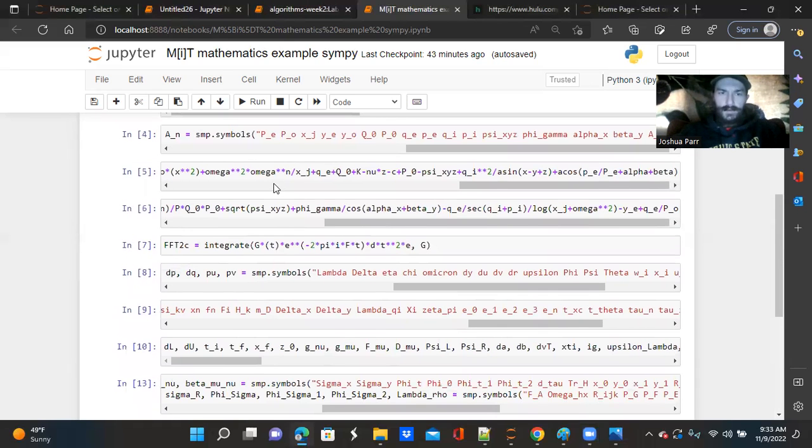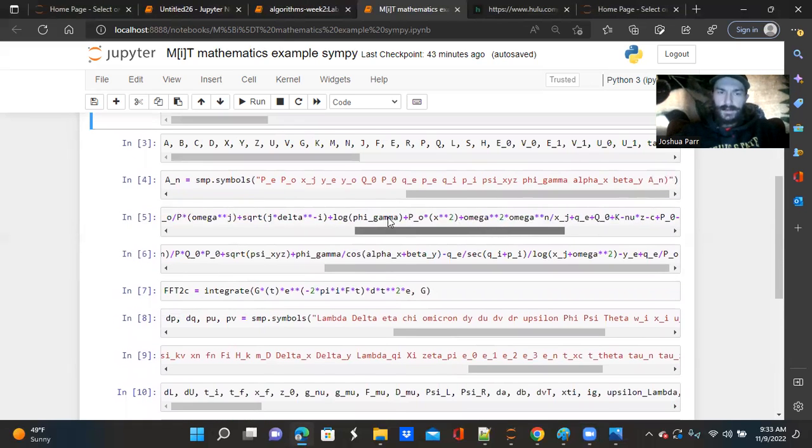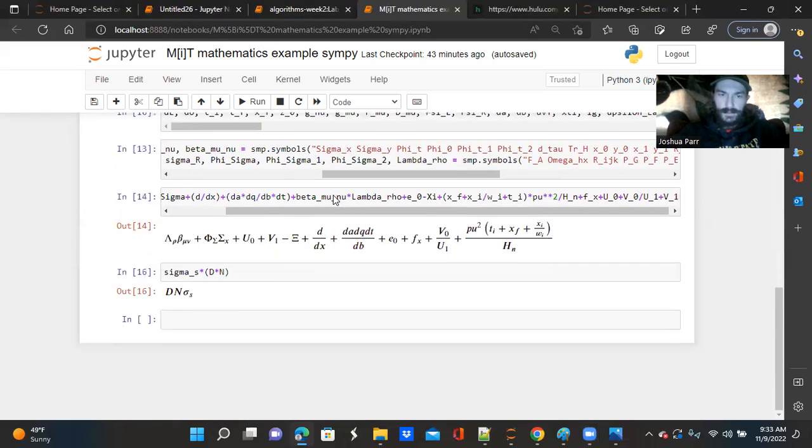All right. I created a bunch of those, and then I created some variables, fast Fourier transform variables.